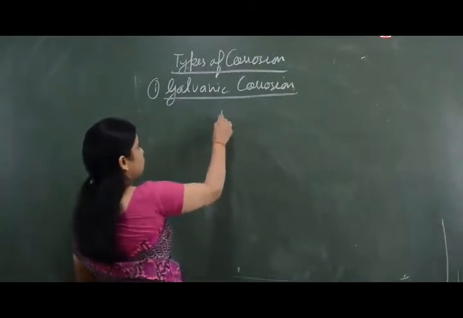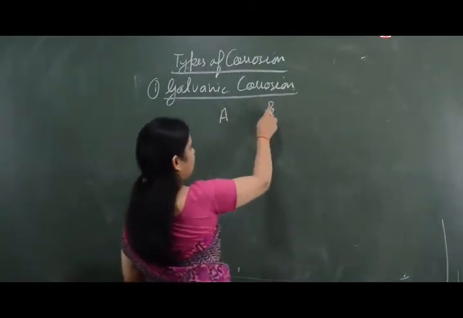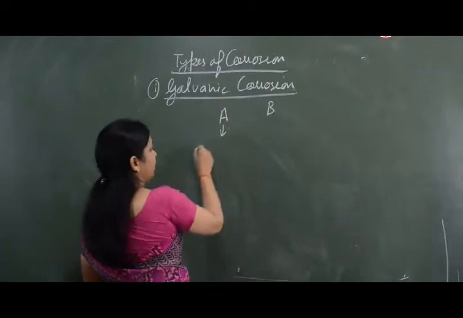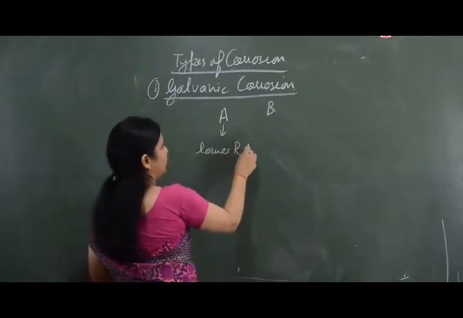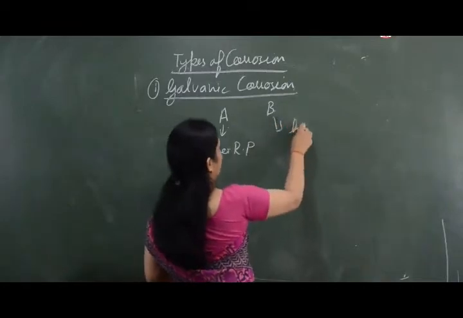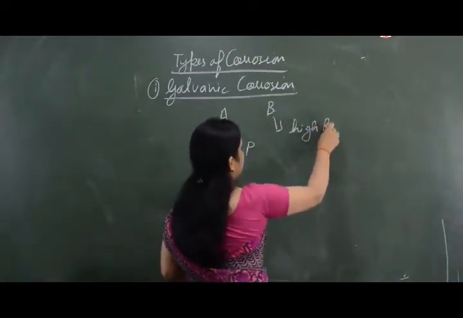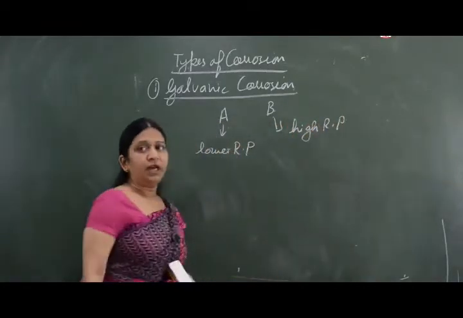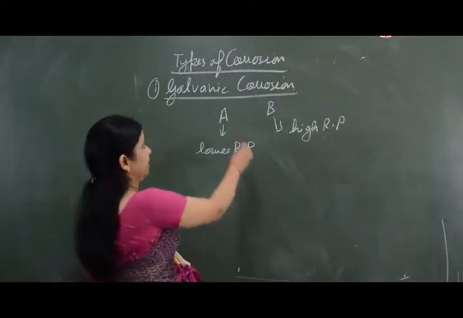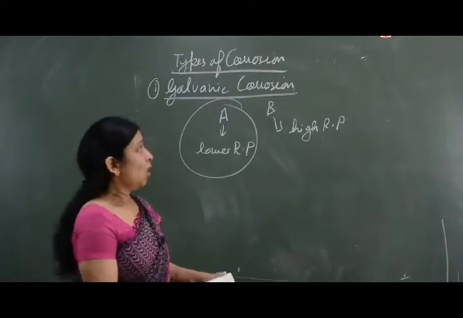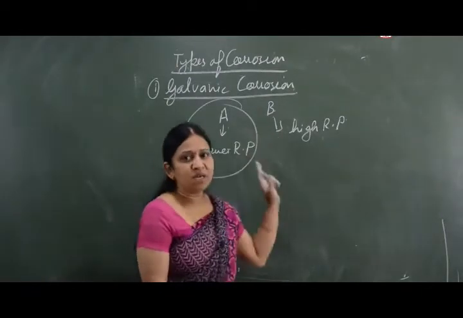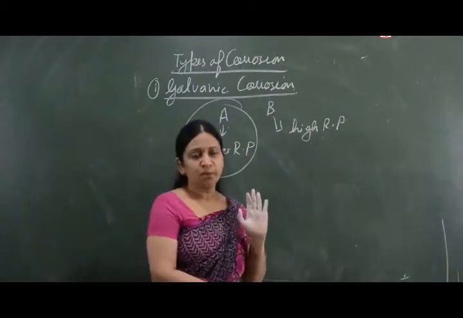If we have two metals, suppose A and B, A has lower reduction potential and B has higher reduction potential or electrode potential, then metal A will undergo oxidation. Oxidation of metal B is not going to take place.